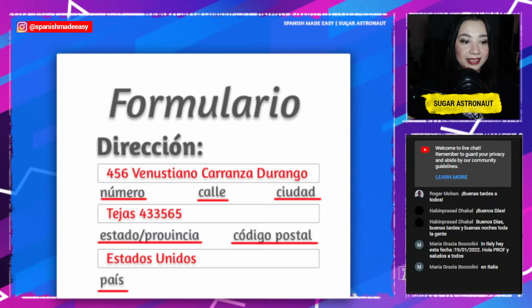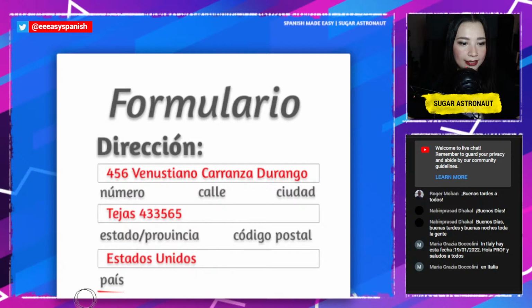But yeah, that is número, number, calle, street, ciudad, city, estado, state, provincia, province, código postal, postal code, país, country. Okay, so that's a lot of vocabulary right there. That's great.